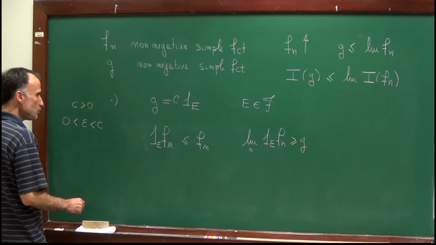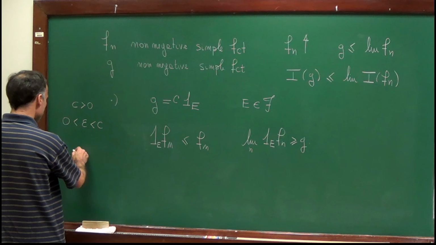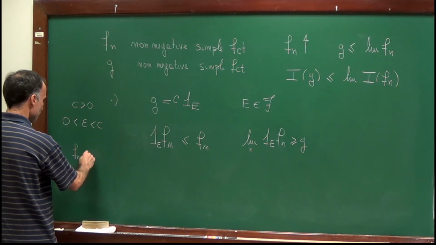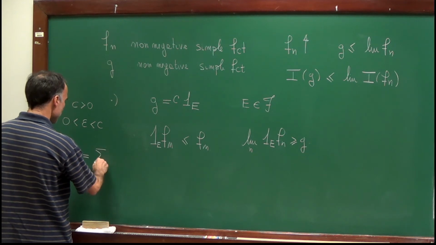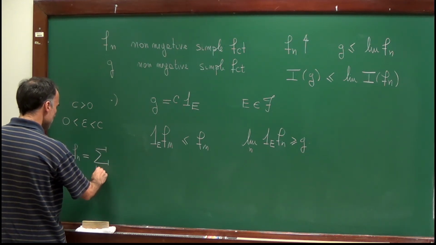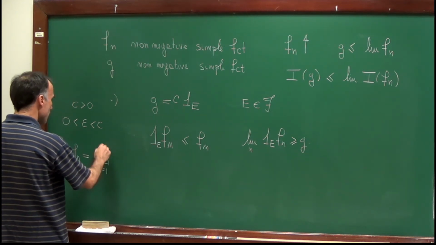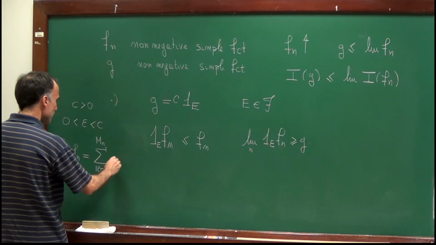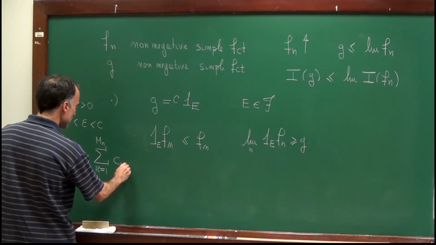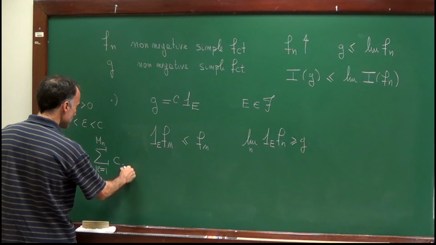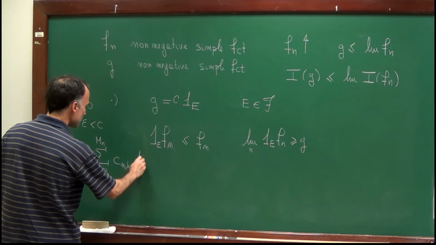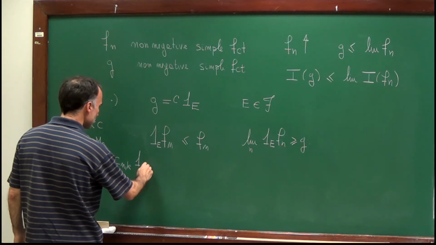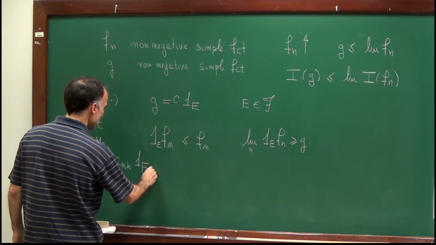So we know that fn is a simple function, so we know that fn is equal to the sum for k going from 1 up to m_n of c_{n,k} times the indicator of some set F_{n,k}.